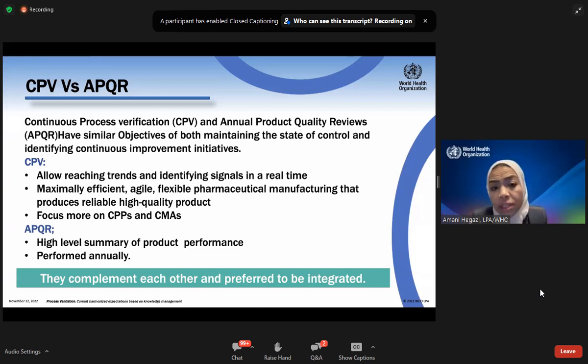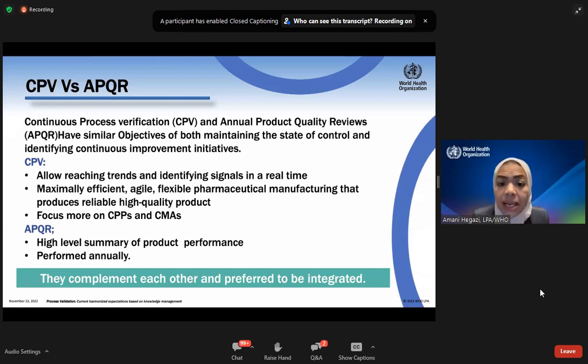And although they are similar in the objective, that both are maintaining the state of control and identifying continuous improvement initiatives, yet each one has its characteristic and its unique purpose. So in the continuous process verification, there is a timely response to process trends or signals.